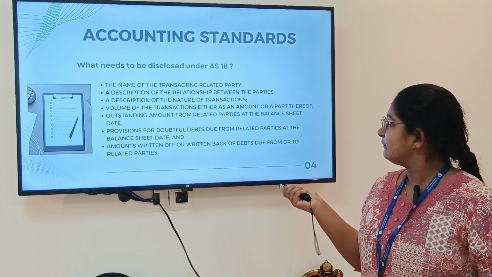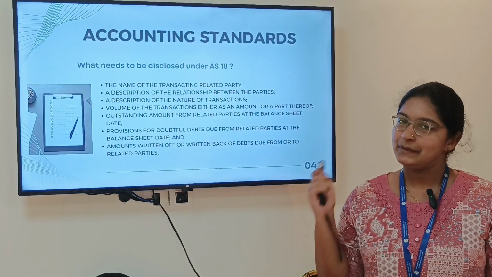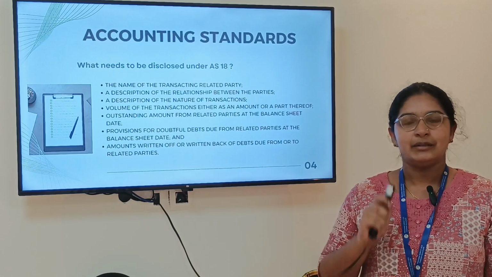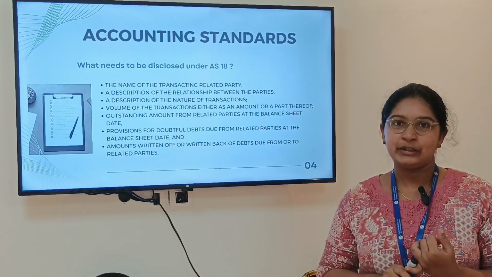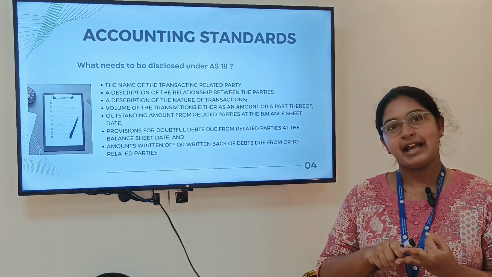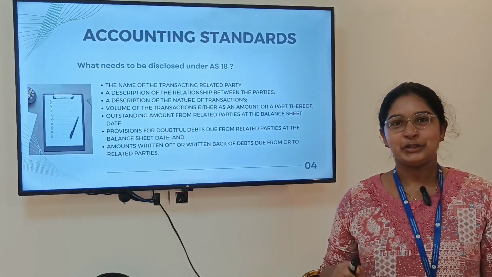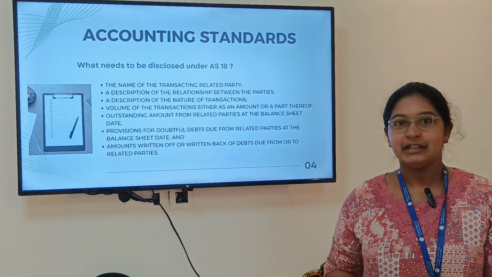Then let's see what we need to disclose in the financial statement as per the accounting standard. First, we need to disclose the parties involved, their relationship, the transactions that happened between them, and the outstanding balance. All these need to be disclosed in the financial statement.